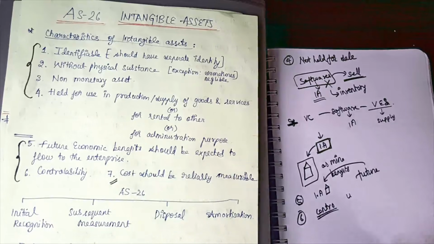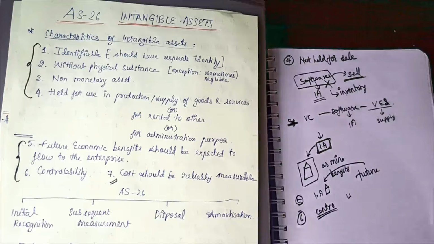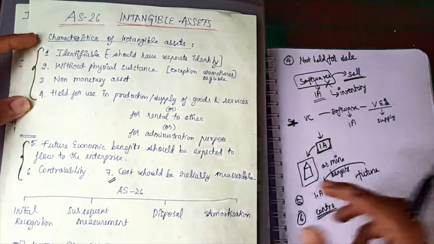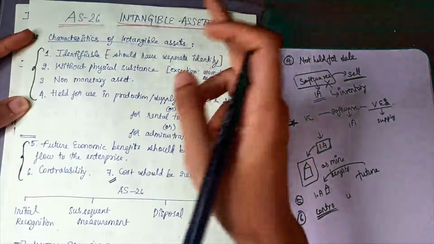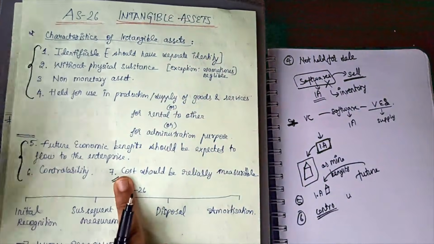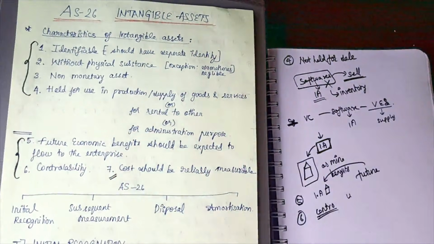The cost of the intangible asset should be at least reliably measurable. It must not be that you are not even able to measure the cost of the intangible asset. So the first condition needs to be fulfilled for an intangible item to become an intangible asset, and the next three conditions should be fulfilled for the intangible asset to be recorded in your books of accounts.